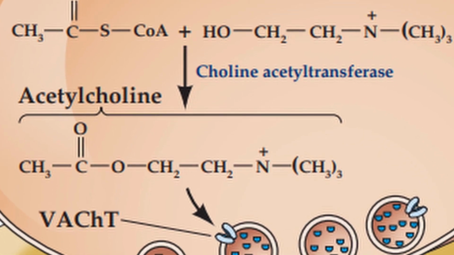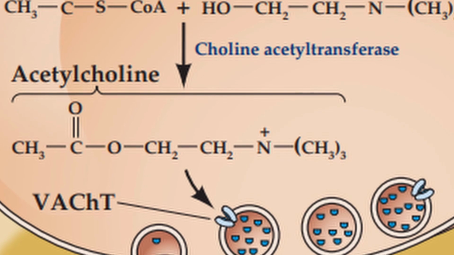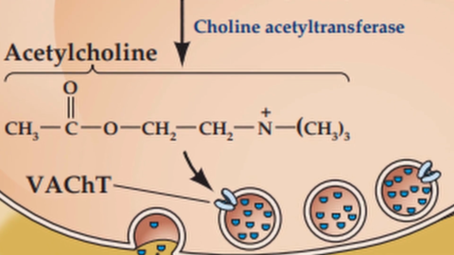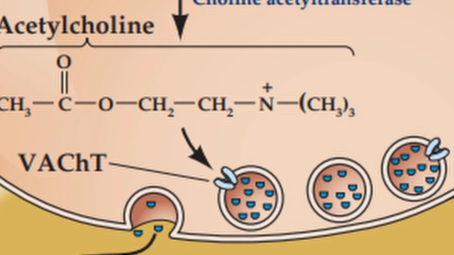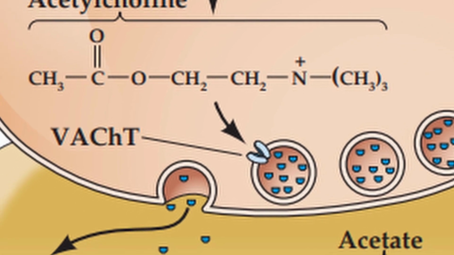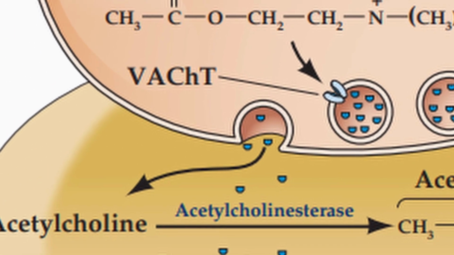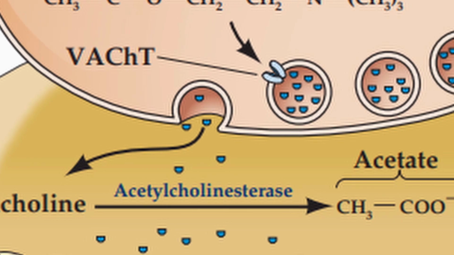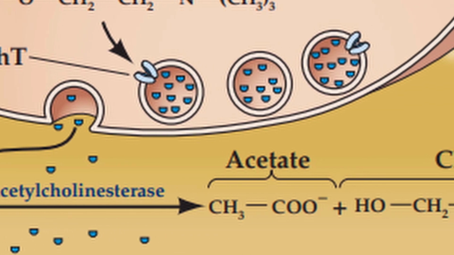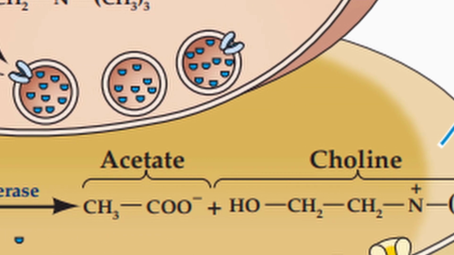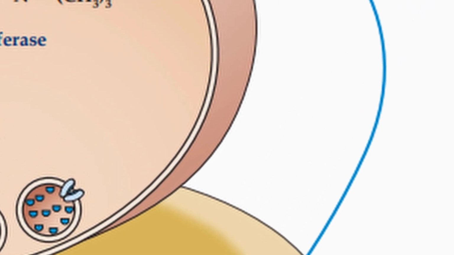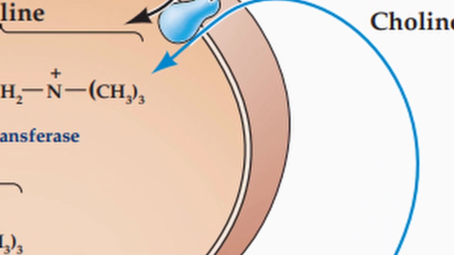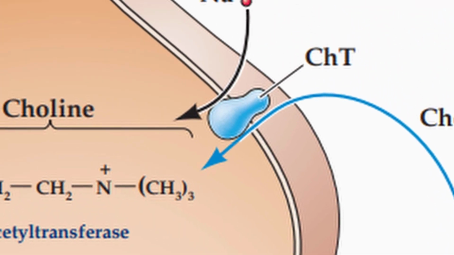Its uptake into synaptic vesicles is regulated by a protein that exchanges acetylcholine for protons because the interior of the synaptic vesicles is highly acidic. Moreover, there is no reuptake of acetylcholine as it is broken down into acetate and choline directly in the synaptic cleft. Nevertheless, choline is incorporated back into neurons via a natrium-plus-dependent cotransport.